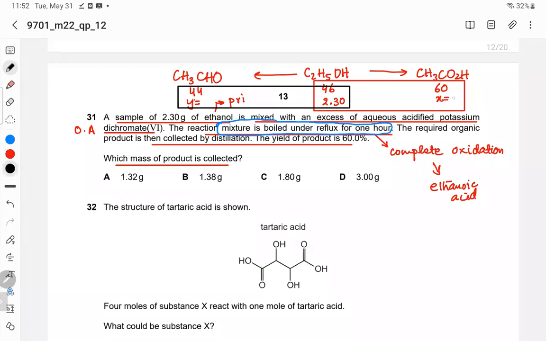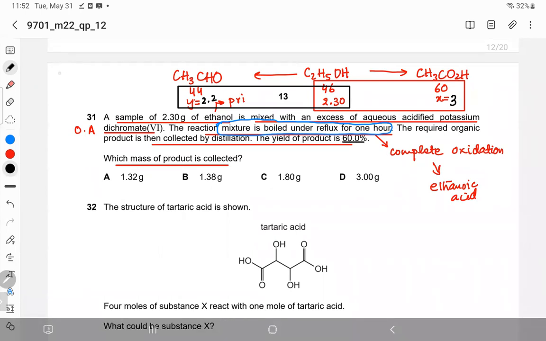Okay, X is 3. And what about Y? Y is 2.2. Now, they have said that the yield of the product is 60%.